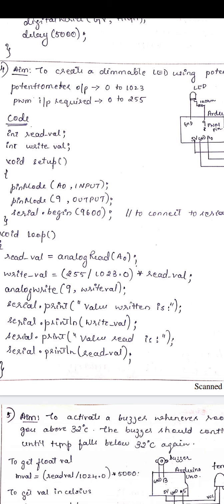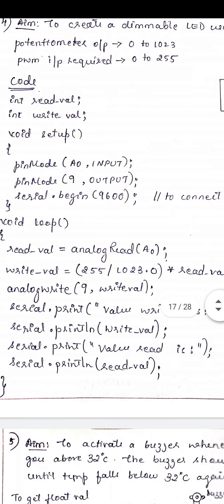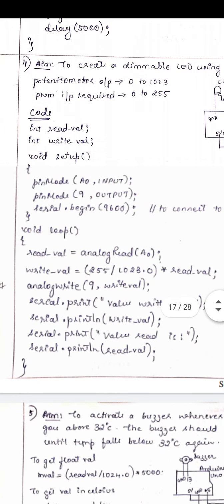I wish to display the value that I'm going to read from the potentiometer and the value that I'm going to write to my pulse width modulating pin on the serial monitor of the system. That is why I have to set a baud rate, that is Serial.begin, and the baud rate for communicating with your system is 9600. So this is the setup function we will need, and Serial.begin is only needed if you're going to use your serial monitor.